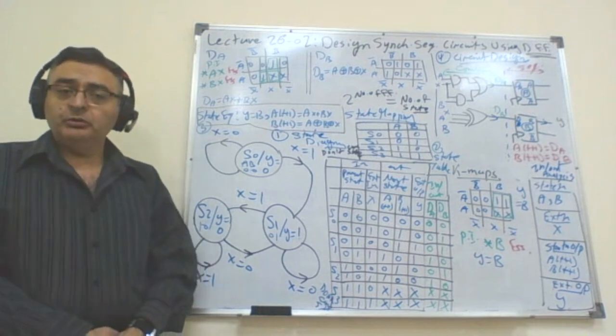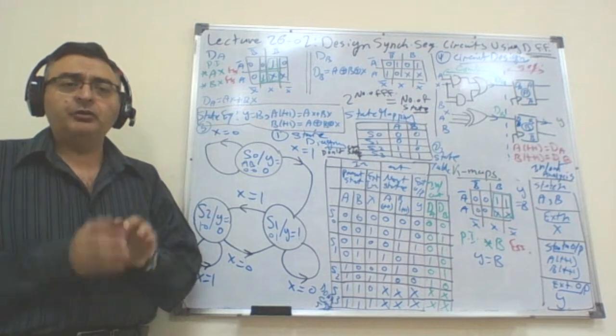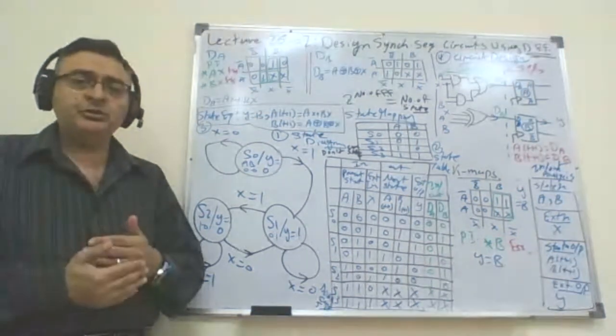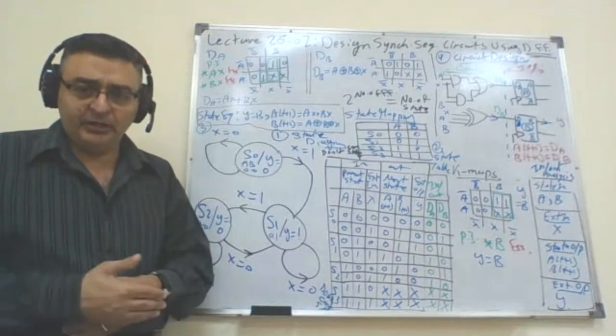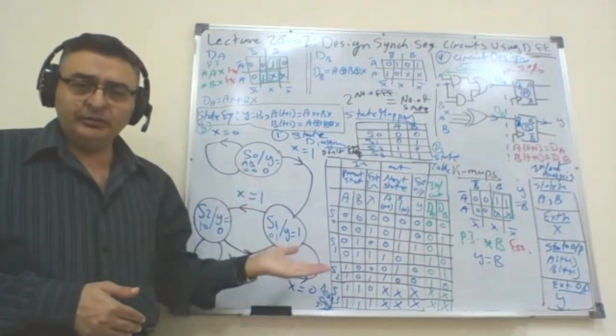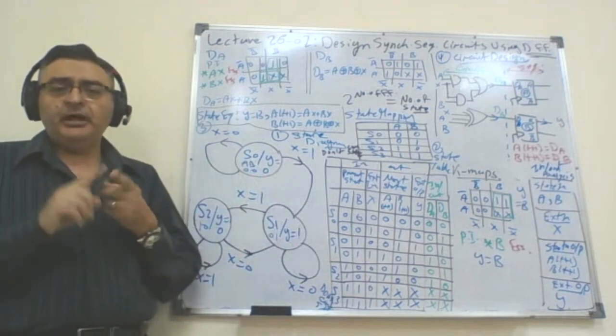In order to complete the loop, in order to give you full comprehensive design steps, we need to demonstrate today in part 3 how we can change the design for using T flip-flop and JK.